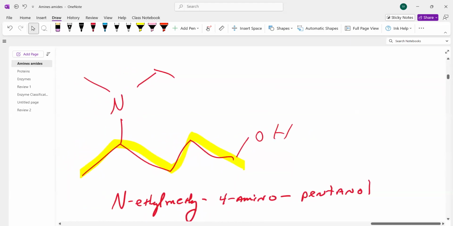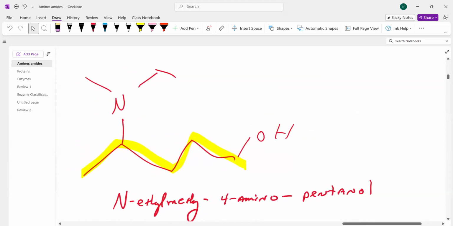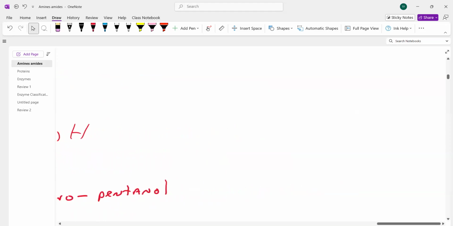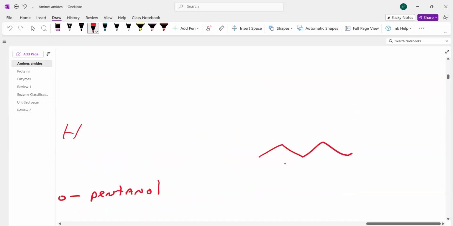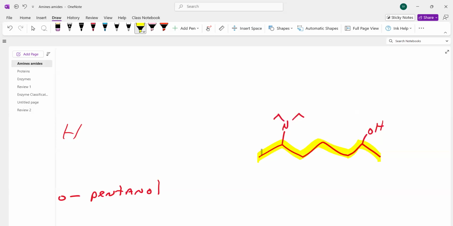Okay, so let's name this guy. Okay, so we have 1, 2, 3, 4, 5, 6, 7. And it's an alcohol.